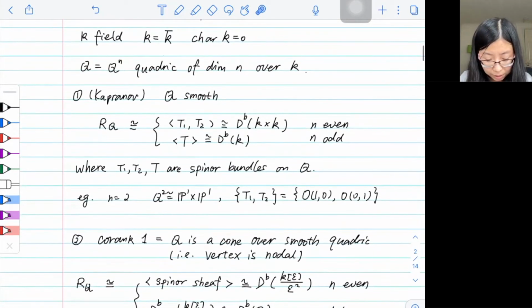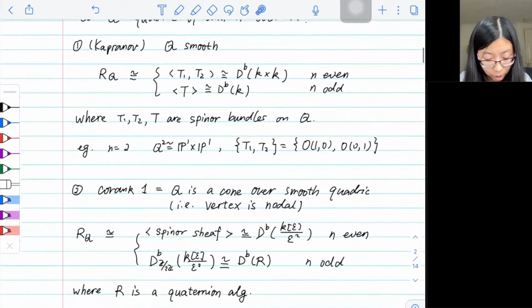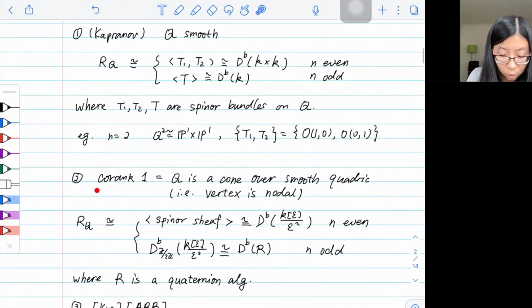Next, let's see a slightly more complicated case, which is the corank 1 case. A quadric hypersurface is defined by a quadratic form, or just a quadratic equation, which corresponds to a symmetric matrix.